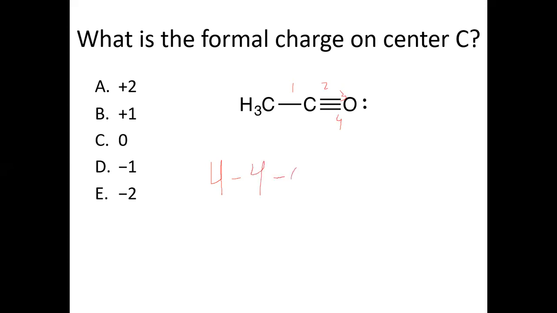And there are no lone pairs, so 0. So the formal charge on carbon should be 0. And it's just that simple. Valence electrons minus number of bonds minus number of lone pair electrons. Now let us go ahead and continue on to the next one.